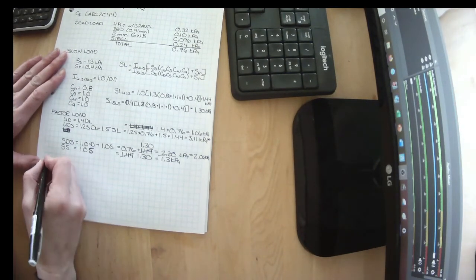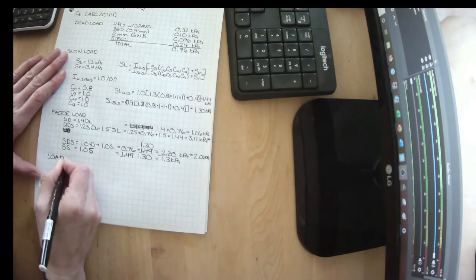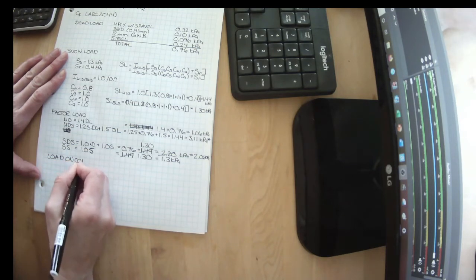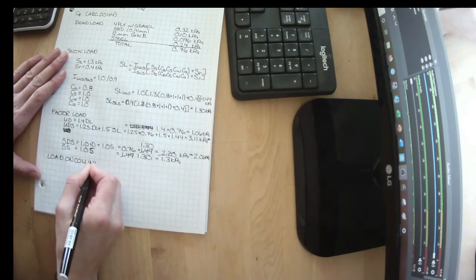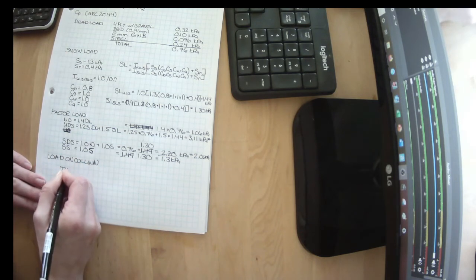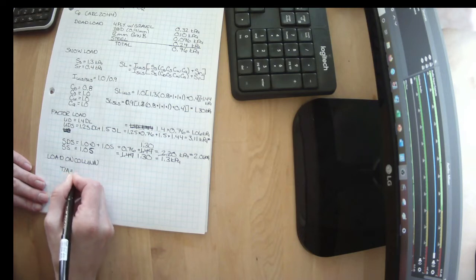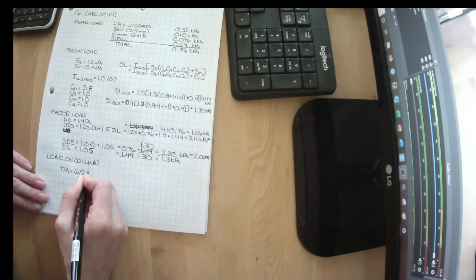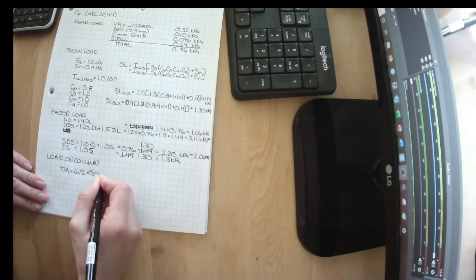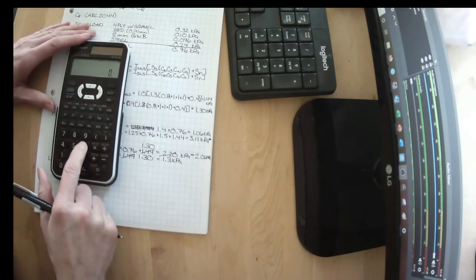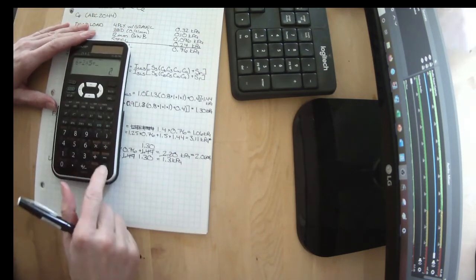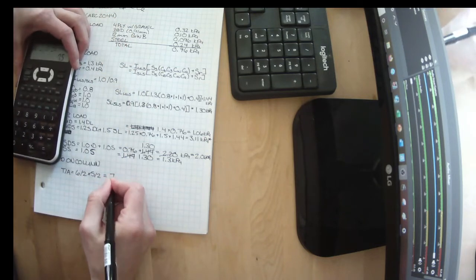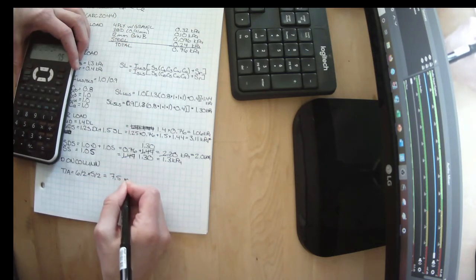So our tributary area, so let's look at the load on the column. Our tributary area equals 6 meters divided by 2 times 5 meters divided by 2. 6 divided by 2 times 5 divided by 2 is 7.5 meters squared.